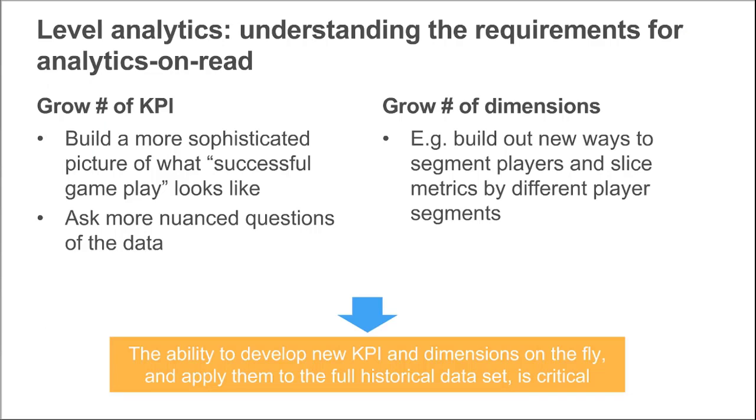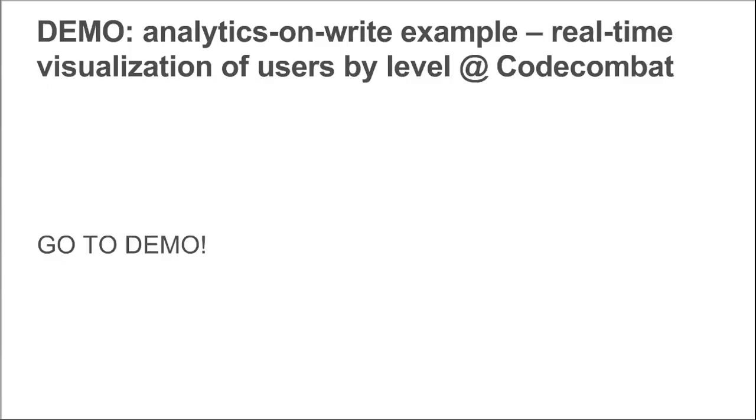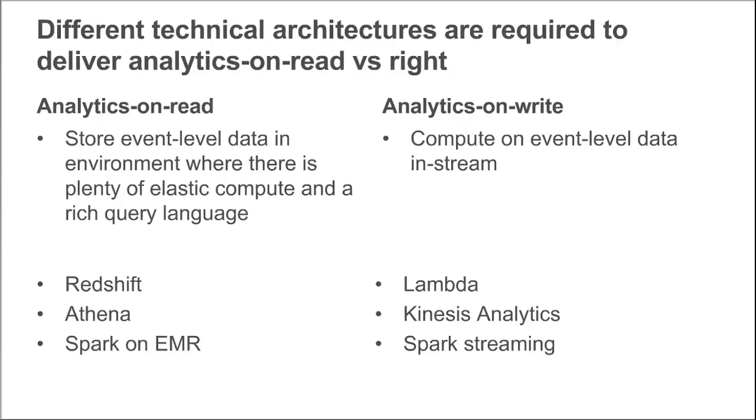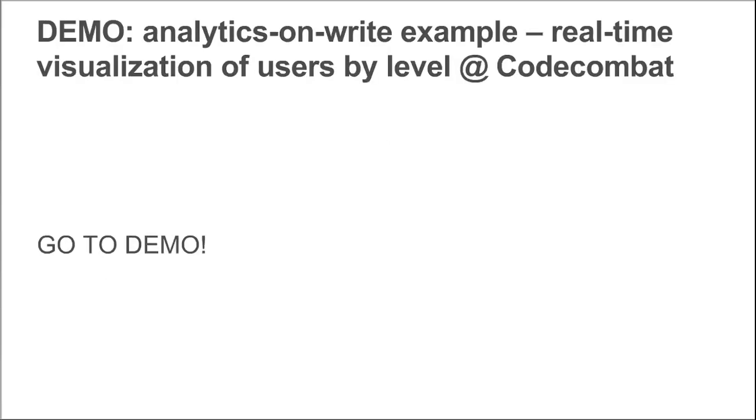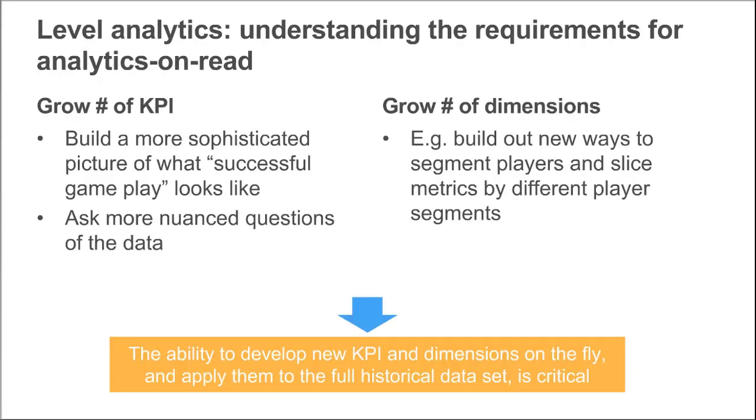So what was really important for the Code Combat team was that they were able to keep adding metrics and keep adding dimensions to the dashboard over time as their understanding developed. And that's a classic analytics on read feature. This ability to keep asking new questions of your data, keep going back to your existing data set and learn more and more about your game.